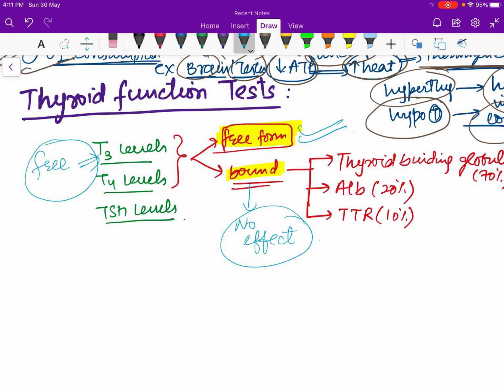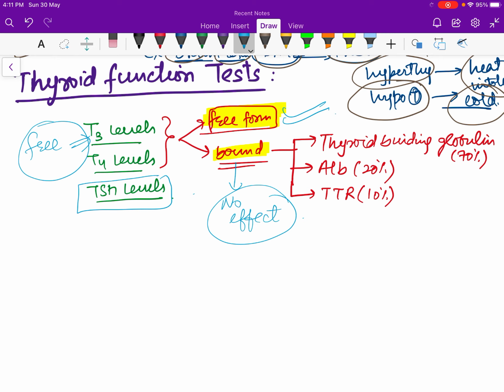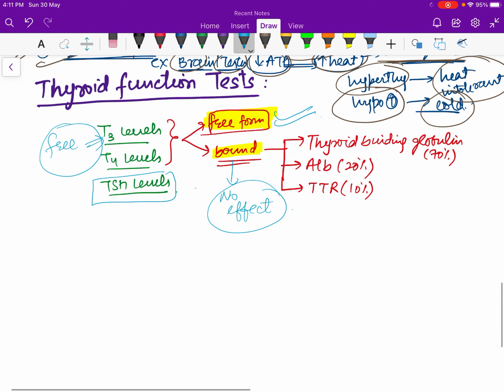So free T3 and T4 levels are measured plus TSH levels, because whenever T3 and T4 are produced, they will cause feedback inhibition of TSH. So TSH levels will also be measured. Now in the thyroid function test, let's consider a scenario.